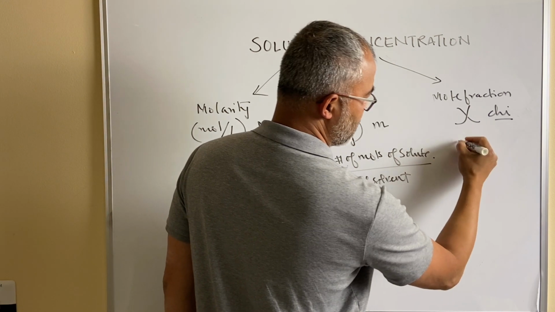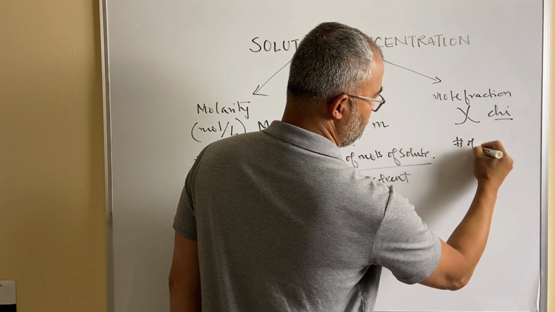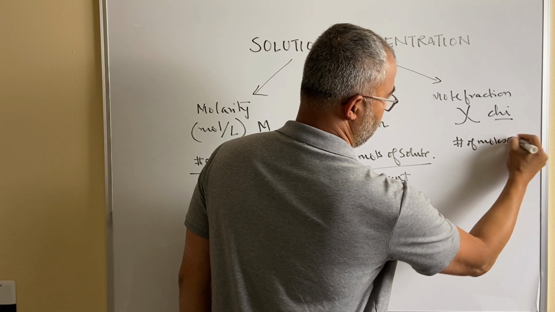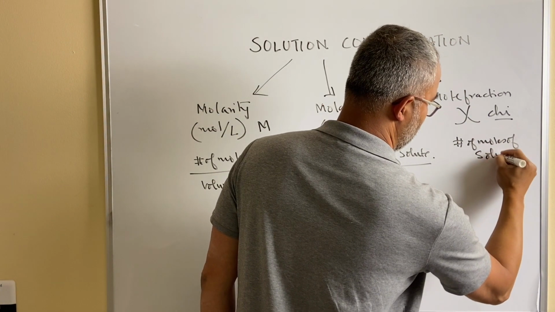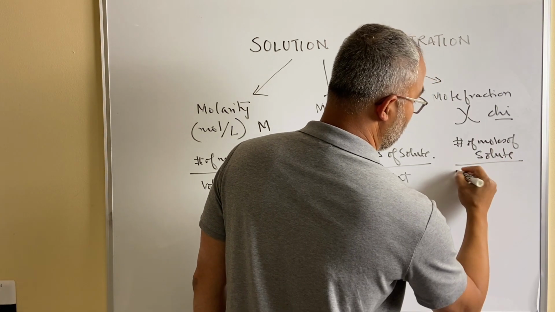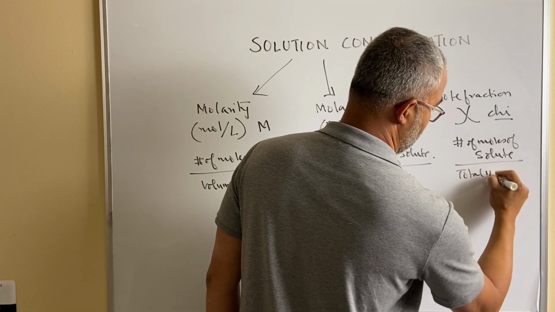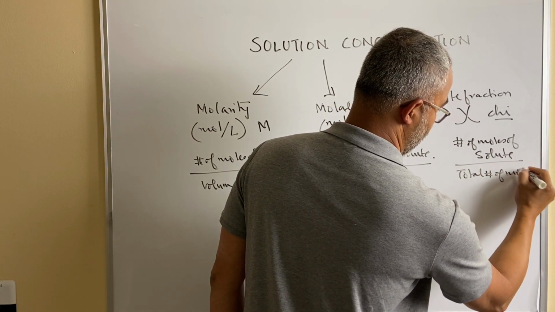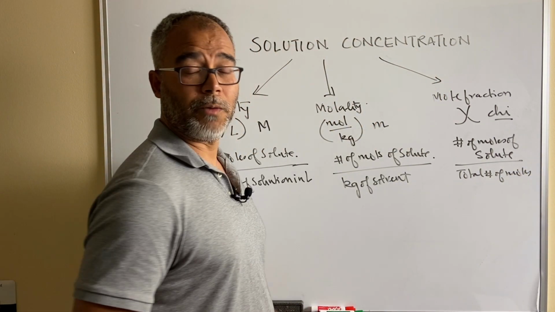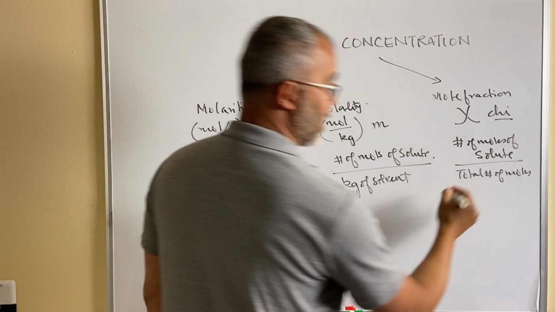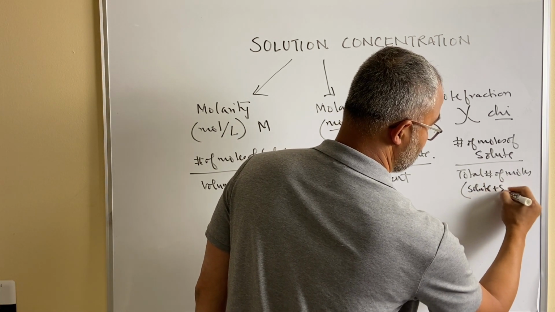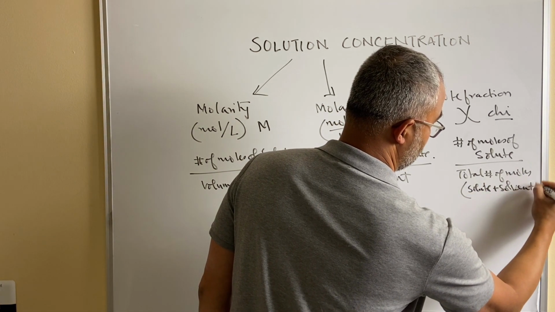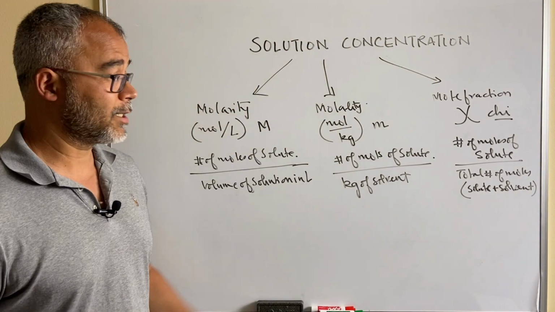And mole fraction is simply the number of moles of whatever component you're looking at. So let's call it the solute in this case, over the total number of moles. And when we say total number of moles, we're really saying that is the moles of solute plus solvent. Okay, that's the mole fraction.